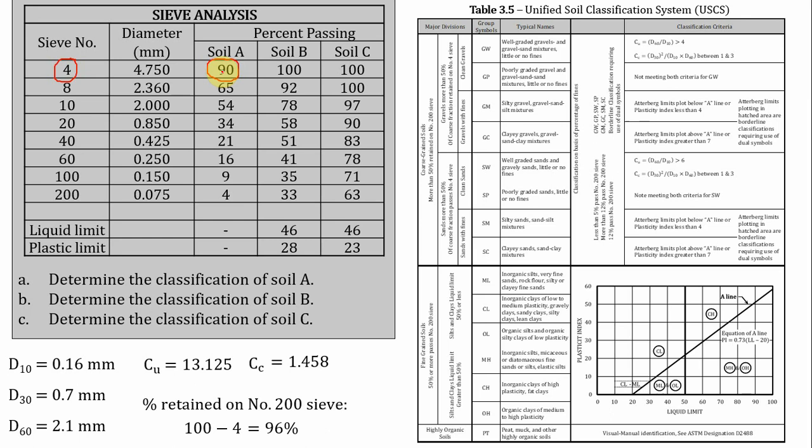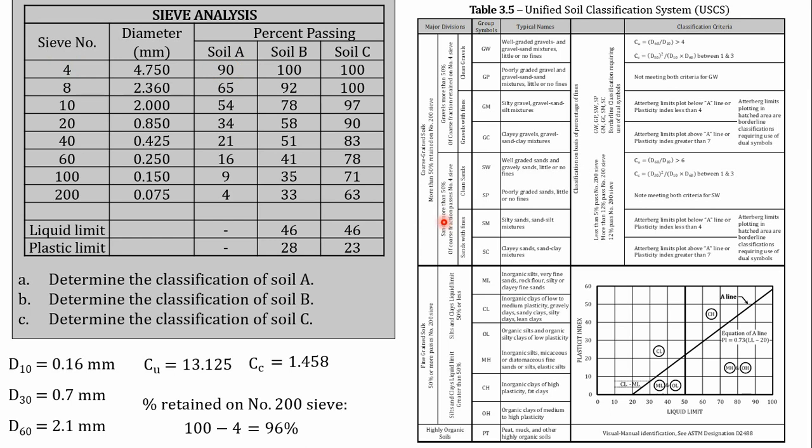So therefore, di ba nabilong siya dito class, more than 50% of coarse fraction passes the number 4 sieve. Since 90% yan, and this is greater than 50%. Kasi sinabi dito more than 50%, and this is 90%. So okay ito. So therefore class, yung soil natin is a sand.